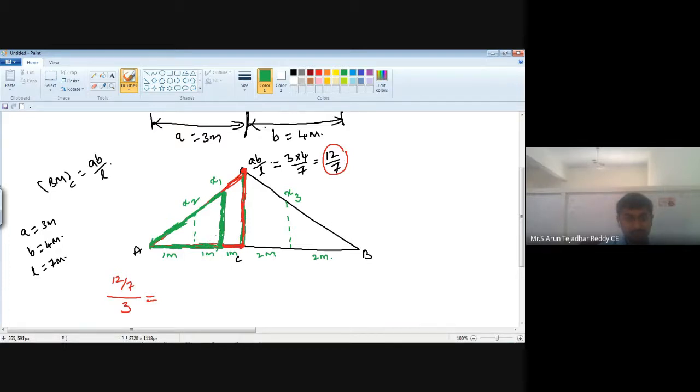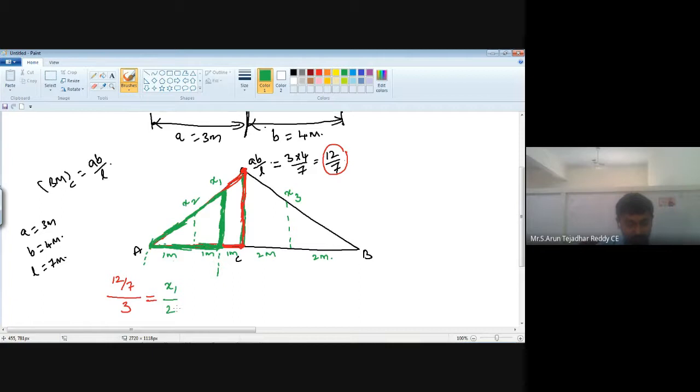So from this similar triangle, the first unknown is x1. That is our perpendicular. So x1 by base. Base means observe only green color, that is A up to x1 level. In this level, 1 meter, 1 meter.